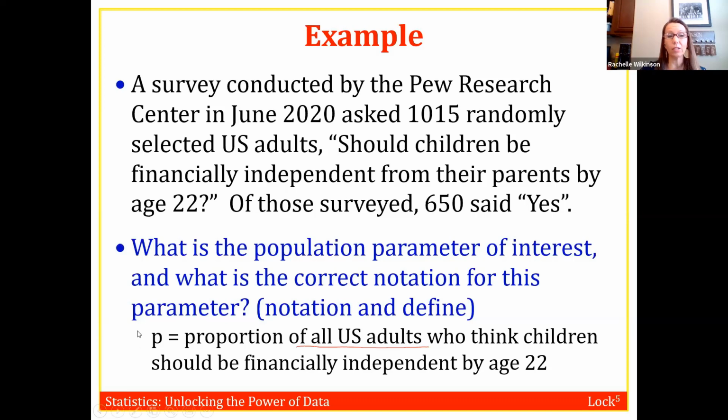Because the only way I could know a numerical value for P is if I talked to all US adults. And I'm a US adult. They did not come and ask me this question. So they did not talk to all the US adults, right? Most of you are adults. Did they talk to you? Probably not, right? They only talked to 1,015 adults. They didn't talk to everybody. So we do not have a numerical value for the parameter.